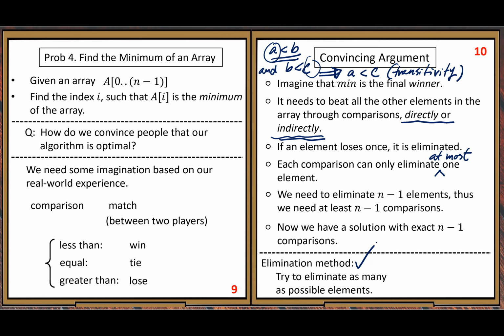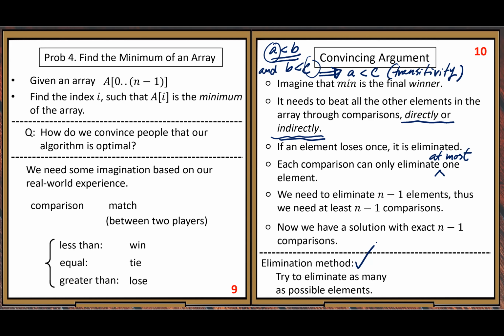Here I use this general word, candidate, because for different questions, our candidate could be a different element. For example, if we change the goal to finding the maximum, then our candidate will be the maximum. If we change the goal to finding the median, then our candidate will be the median, and so on.